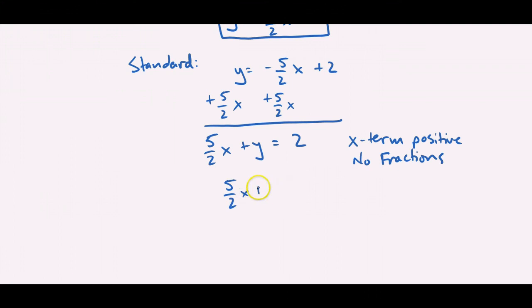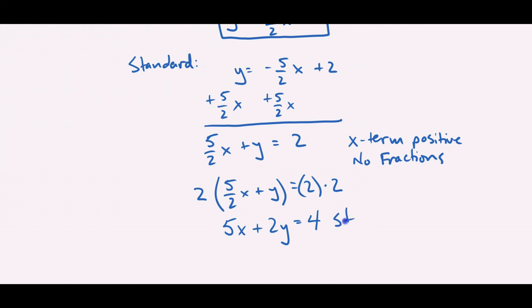So 5/2 x plus y equals 2, we're going to multiply both sides of that equation by the least common denominator. Applying the same thing on both sides keeps it balanced. So if I take 2 times 5 halves x, we'd end up with 5x. 2 times y will become 2y. 2 times 2 is 4, and we are in standard form.